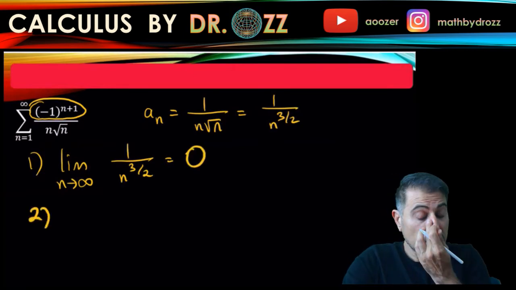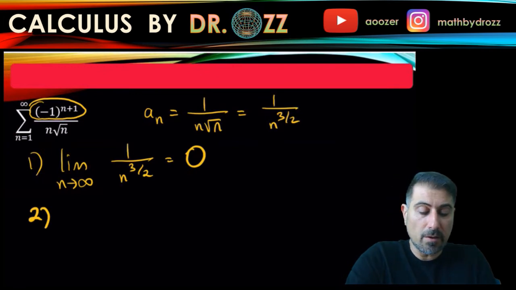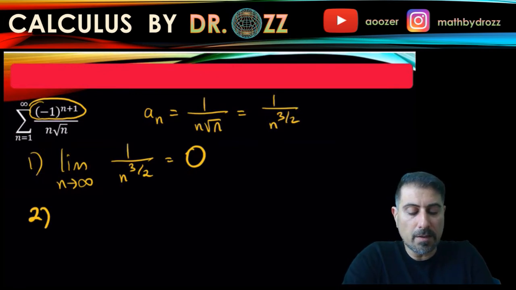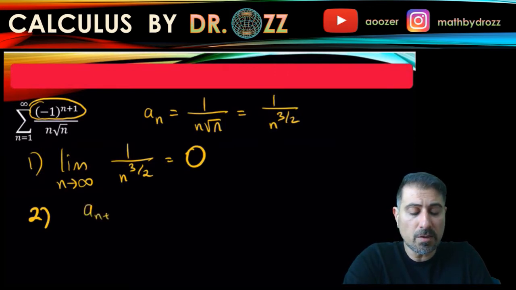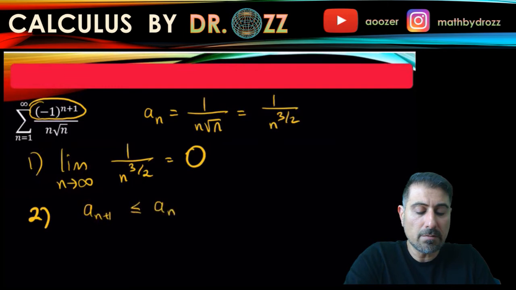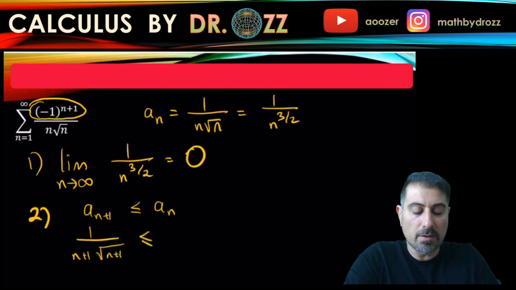And second, we want an to be decreasing. There are alternate ways to show that, but I'm going to use the one given in the description of the alternating series test: an plus 1 is less than or equal to an. Here we go. Is 1 over (n plus 1) radical (n plus 1) less than 1 over n radical n?